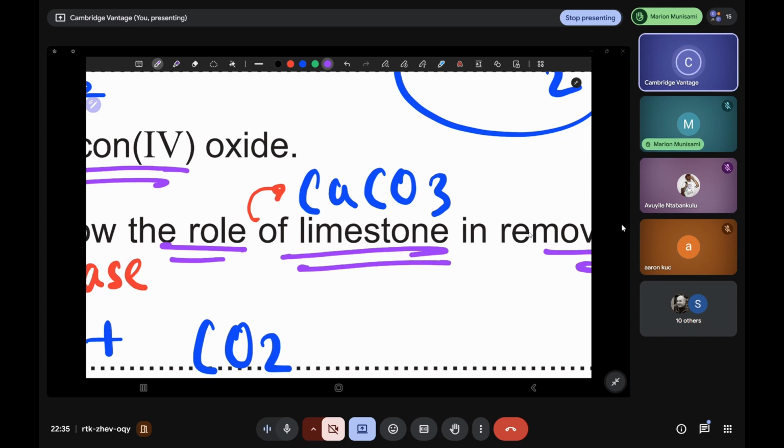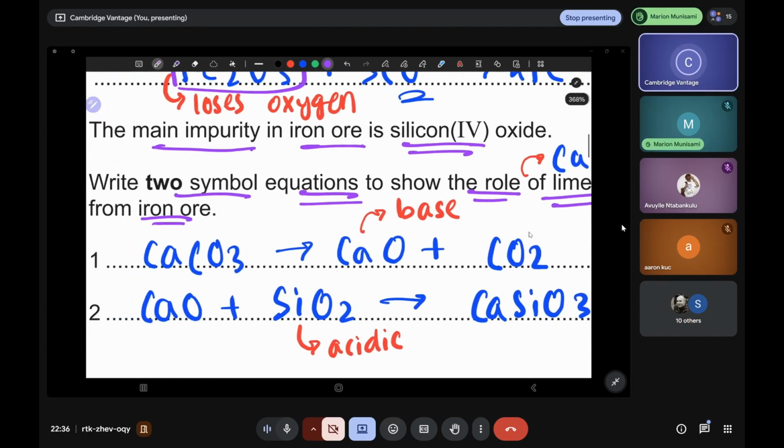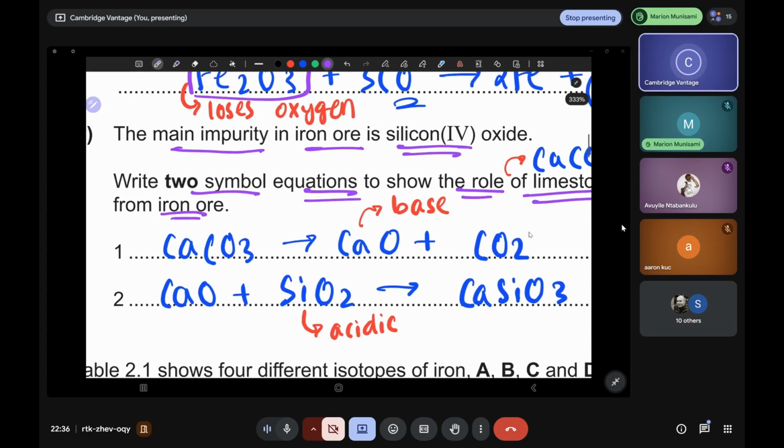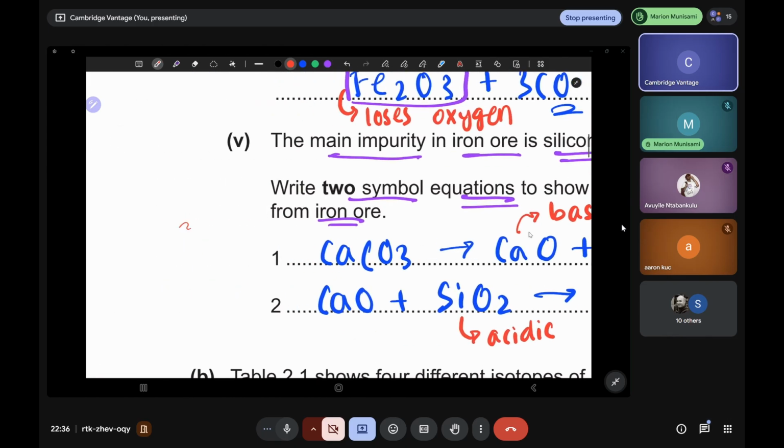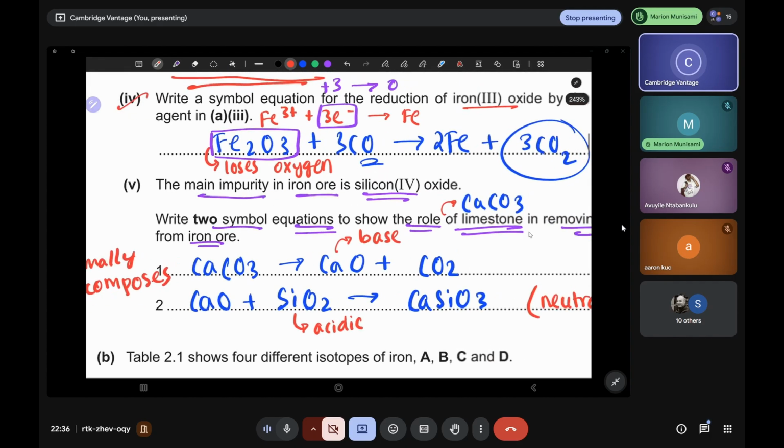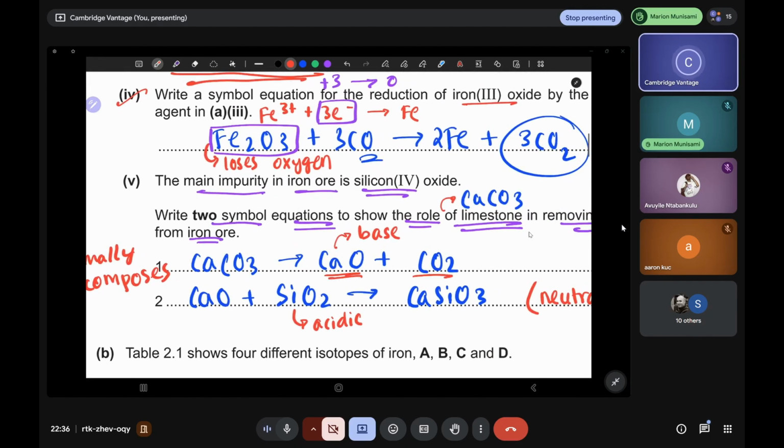If you have gone through the chapter yourself, or if you have finished the syllabus already, you should know that the first thing that's going to happen is the limestone is going to thermally decompose. And what happens when it thermally decomposes is it ends up forming calcium oxide and carbon dioxide.